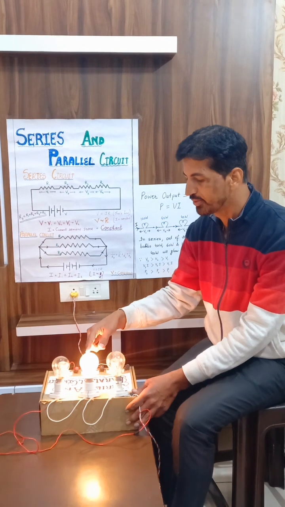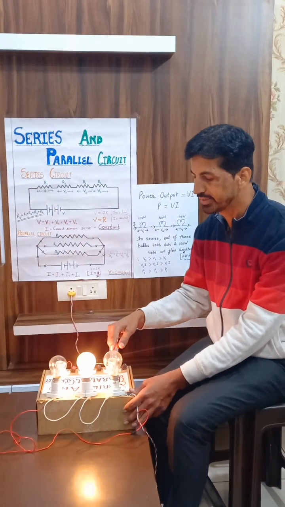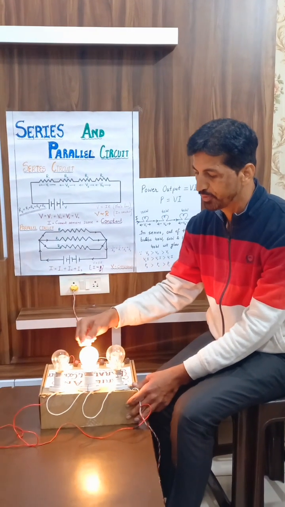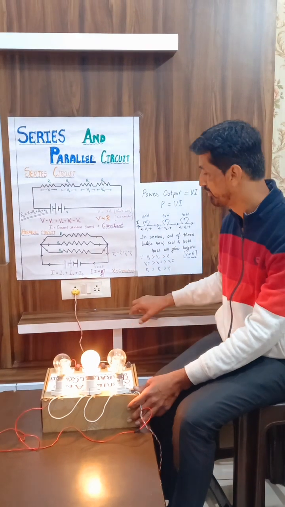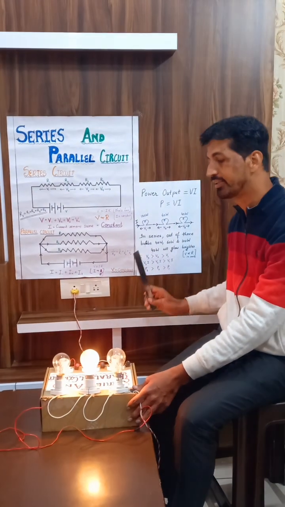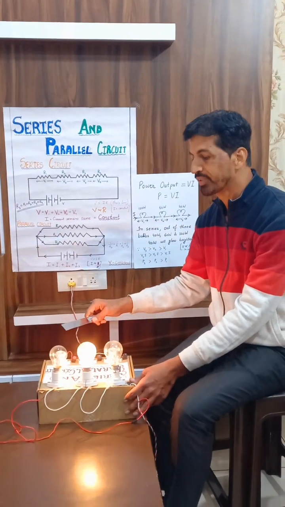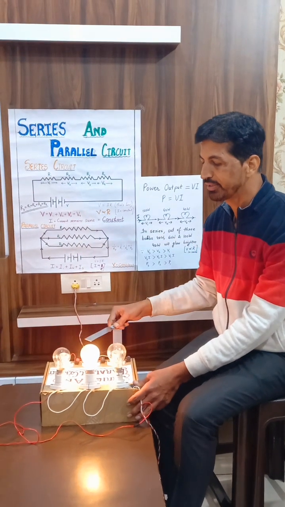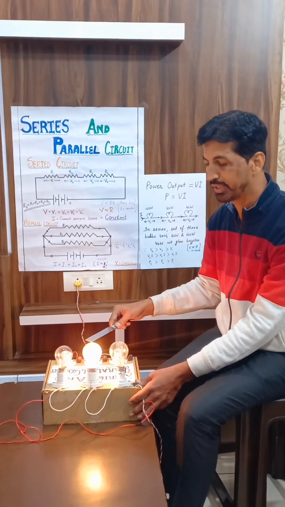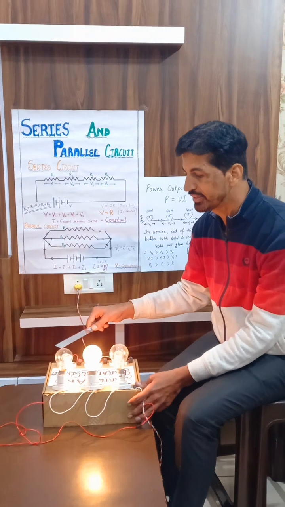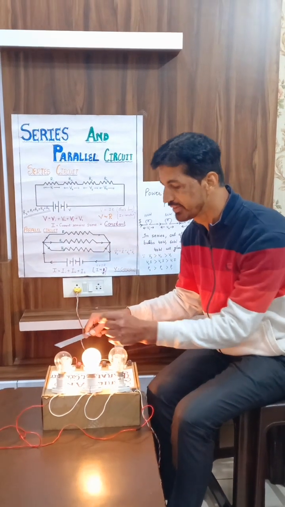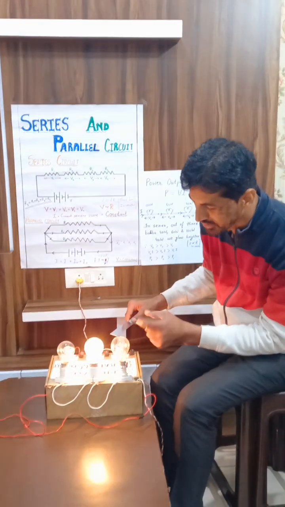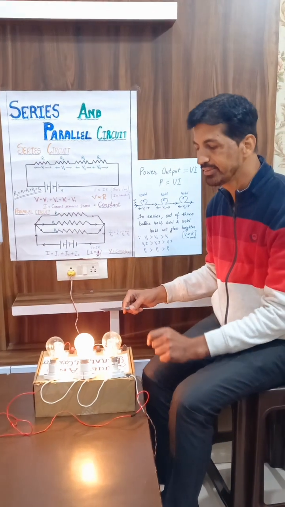So as you are looking here, I have connected 100 watt, 40 watt and 60 watt bulbs. Out of these, you will be surprised to know that the 40 watt is glowing the brightest, the 60 watt is glowing a little bit, and the 100 watt is almost nil. Why is this so?